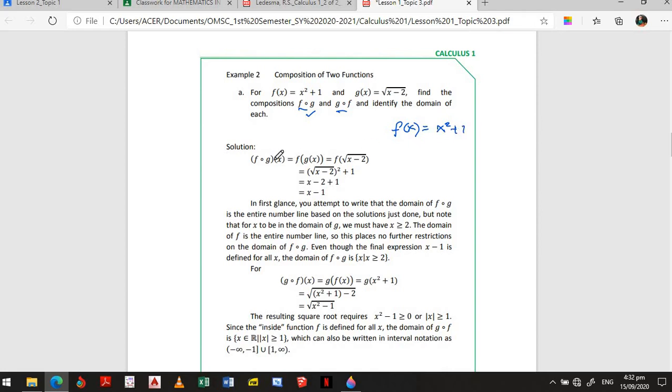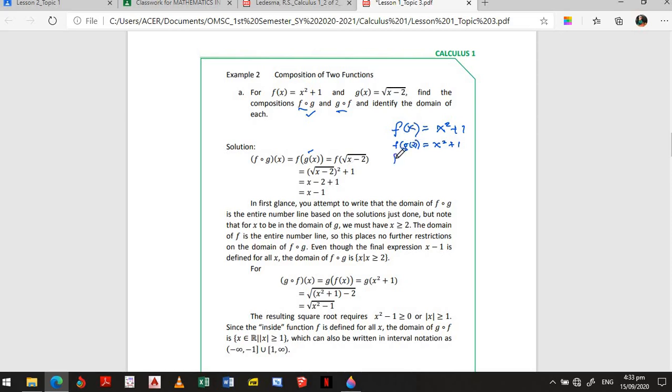Okay? But the composition of our f and g is f of g of x. Then, instead of writing x there, gawin po natin yang g of x. So, f of g of x, which is equal to x squared plus 1. But g of x po natin is square root of x minus 2.